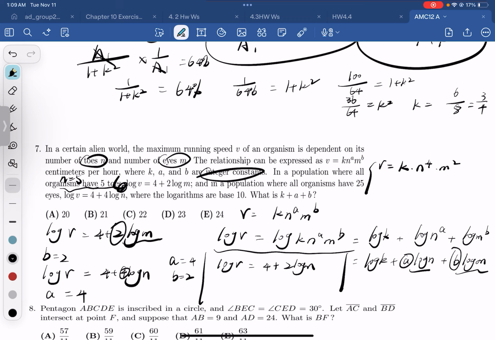For this one, we take the inverse function, which is raising to the power of 10. We get v equals 10 raised to 4, which is 4.